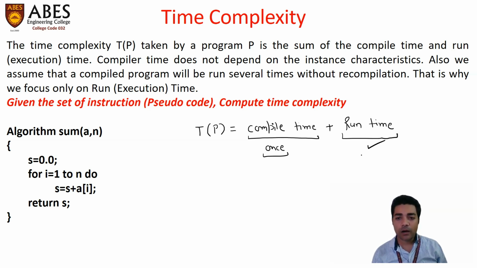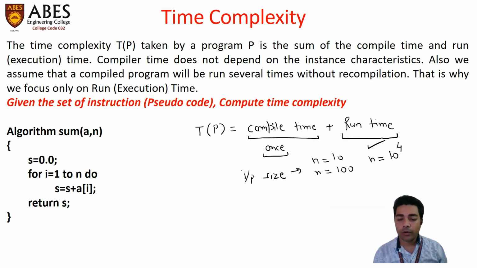Now, why is it important to calculate this runtime but not the compile time? Because during the running, the input size may increase or decrease. Suppose if I represent the input by n, then sometimes input can be 10, sometimes input can be 100 numbers, sometimes input can be 10 to the power 4, like this.